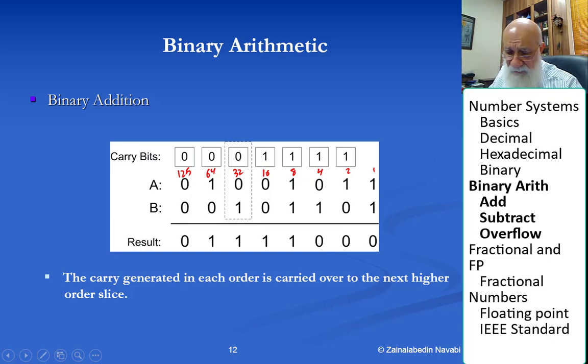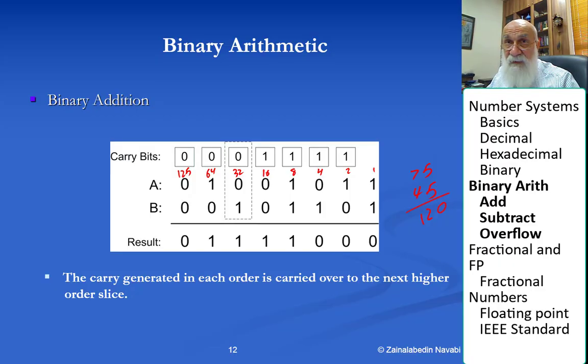So A is 64 plus 8 plus 2 plus 1, that's 75, and B is 32 plus 8 plus 4 plus 1, that's 45. I am adding these two, and hopefully I'm coming up with 120. So the decimal becomes this.